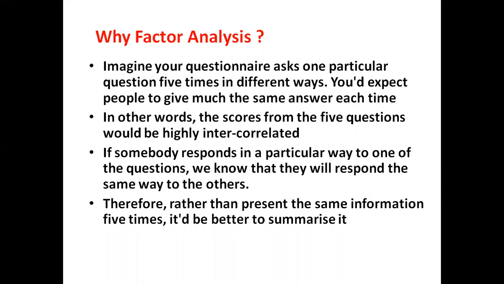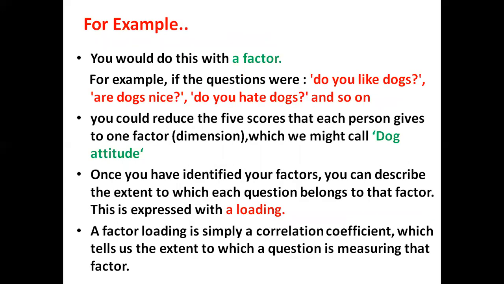If somebody responds in a particular way to one of the questions, we know that they will respond the same way to the others, right? So rather than present the same information 5 times, it would be better to summarize the data, right?